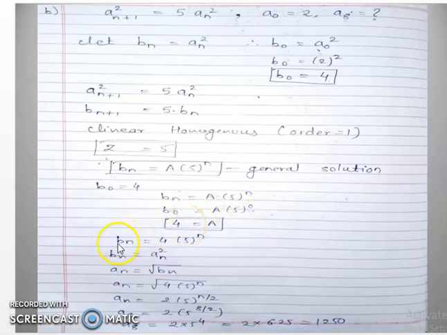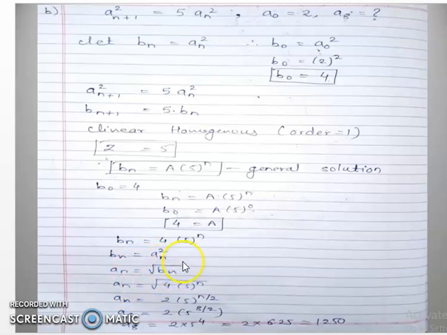Then we write the equation again: b_n = 4 times 5 raised to power n. We know that we let b_n = a_n^2 in the first condition. From this we can write a_n = square root of b_n.